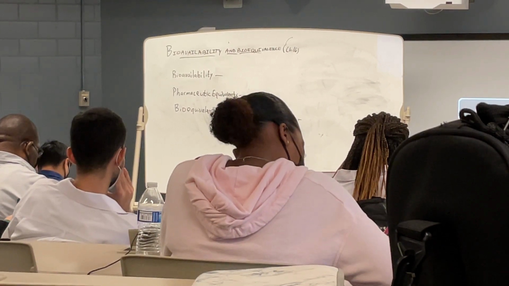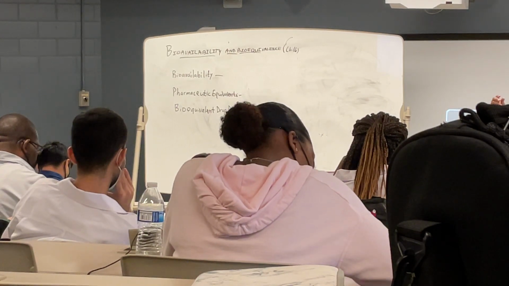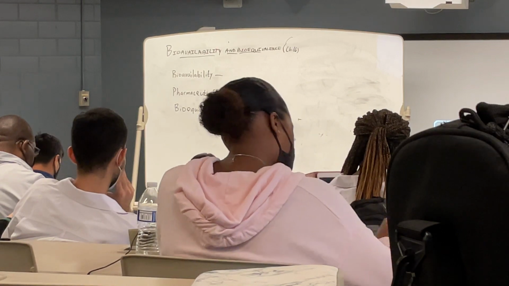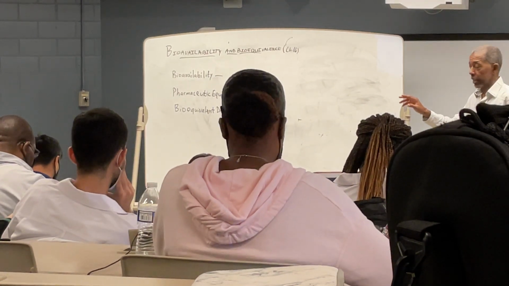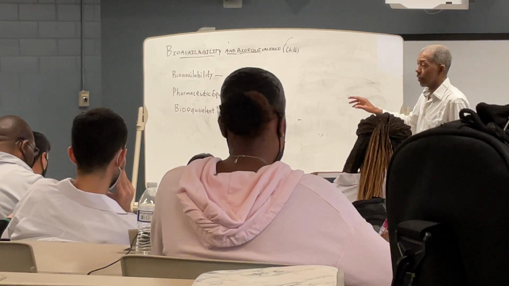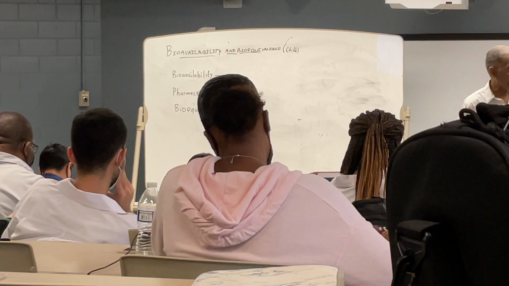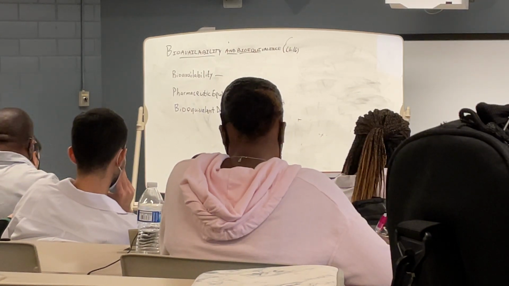So I'm throwing around some terms, but we've already talked about rates of absorption when we talked about the absorption model. Okay? I present that absorption model first because there are some things that we're going to be doing as we cover bioavailability and bioequivalence that you're going to have to be competent in and have mastered that absorption model. Okay?